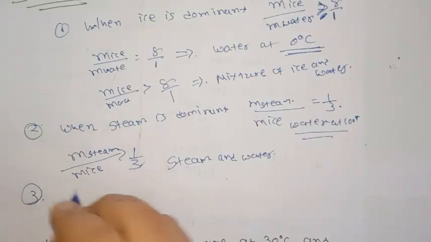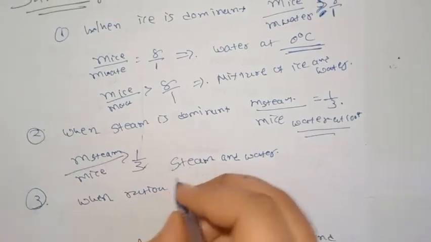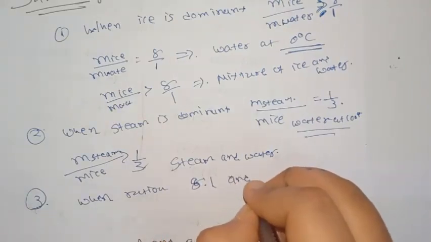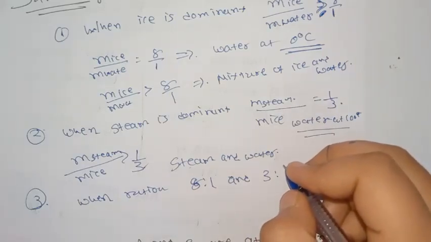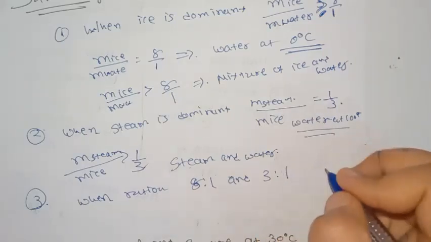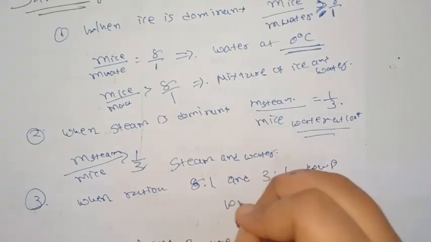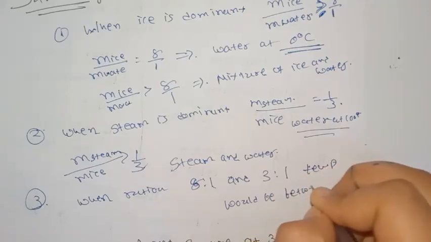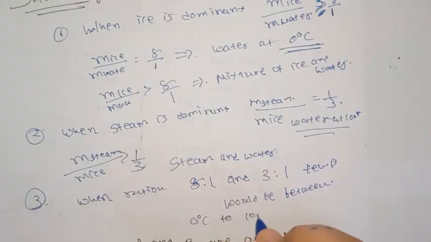And the third case, when ratio is between 8:1 and 3:1, then we have to find the conventional calculation, and the equilibrium temperature would be between 0 degrees Celsius to 100 degrees Celsius.